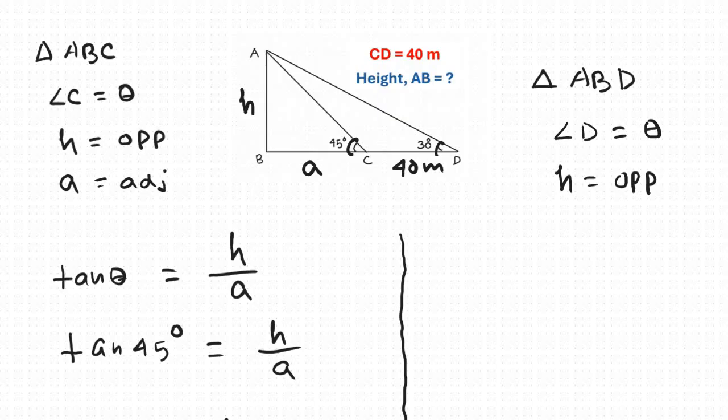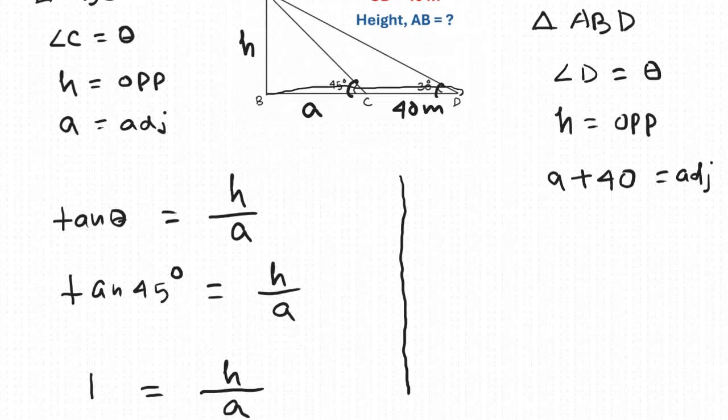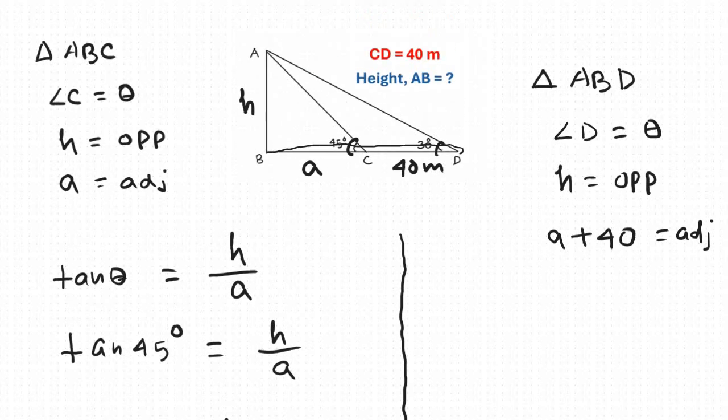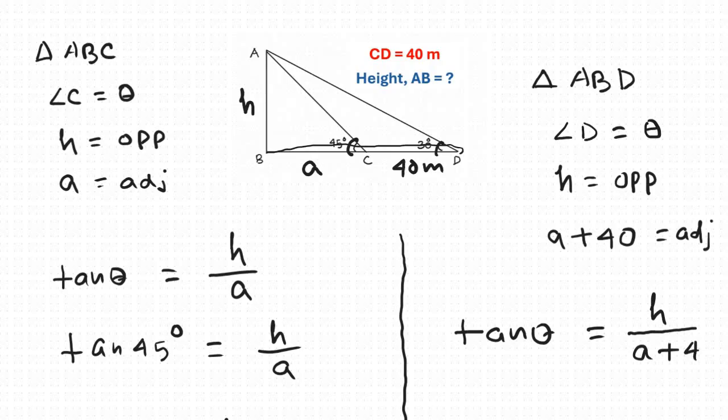Both have the same opposite side, which is H, and the adjacent side here is BD, which equals A plus 40. We can again apply the tan theta rule for this larger triangle, and we can write tan theta equals opposite, which is H, and adjacent, which is A plus 40.